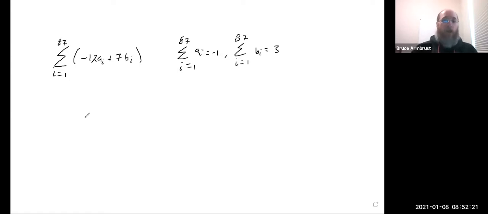All right, well, this is where we're going to use our rules for sums. We had a whole bunch of them, but the two that are important here, the first one is addition of functions, addition of terms. Does anybody remember what the rules of sums let us do there?